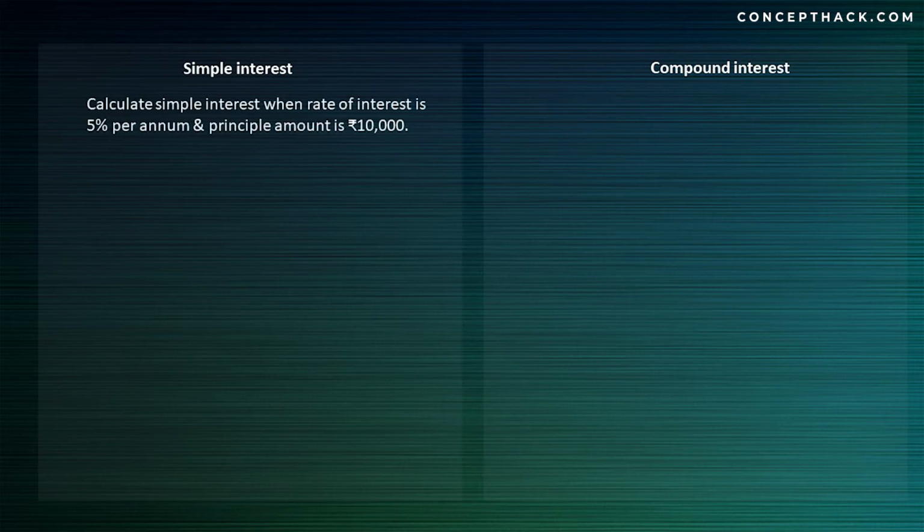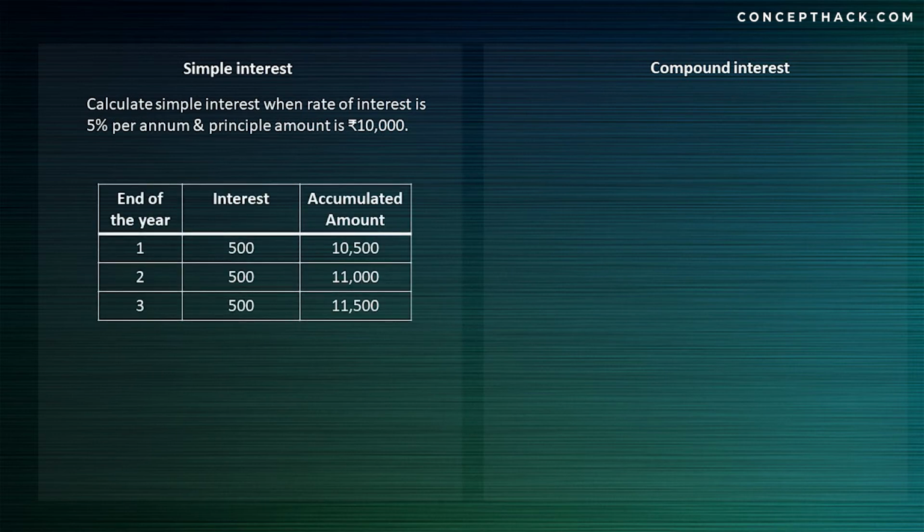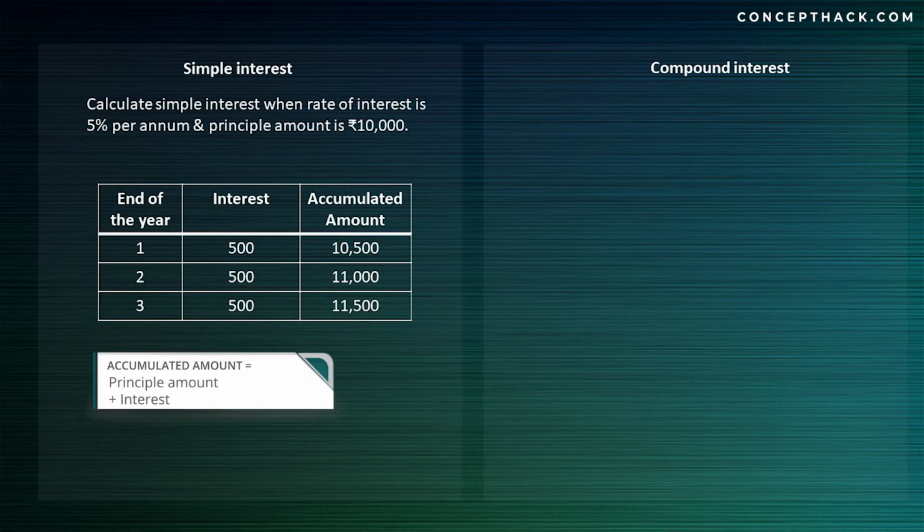So example number 1: calculate simple interest for 3 years when rate of interest is 5% per annum and principal amount is rupees 10,000. In order to calculate simple interest, we need to have 3 columns. Our first column will be end of year, second column will be interest, and third column will be accumulated amount, which is principal amount plus interest.